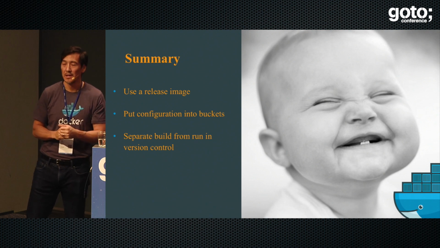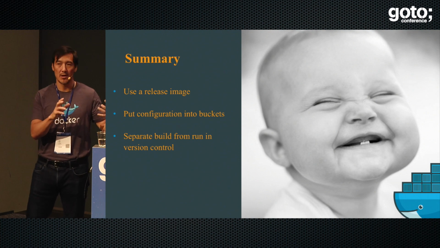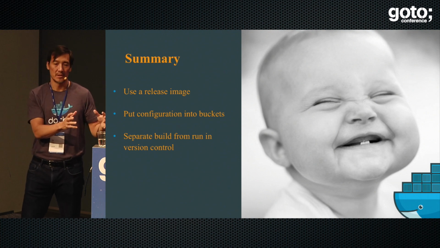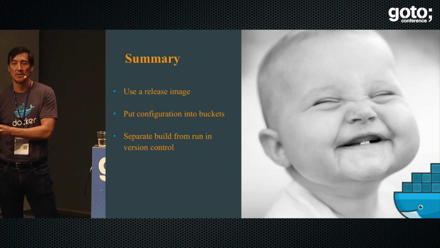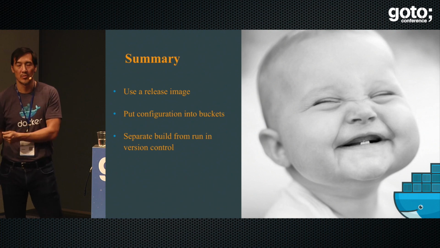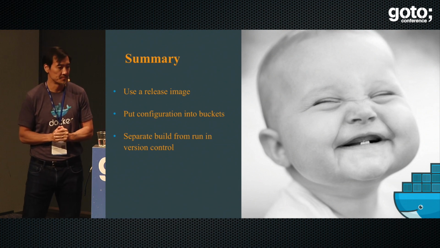And then finally, to store all of that, they separated out all of their build into one build repository, and then all of their configuration at runtime into a separate repository, once again because they live separate life cycles.